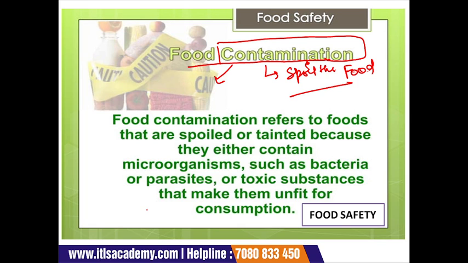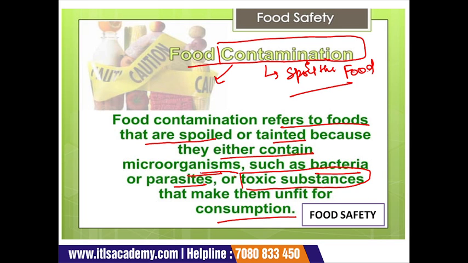Now see the definition of food contamination. Food contamination refers to food that is spoiled or tainted because it either contains microorganisms like bacteria or parasites, or sometimes it also contains toxic substances that make the food not fit for consumption. Now what does this word mean, toxic substances?